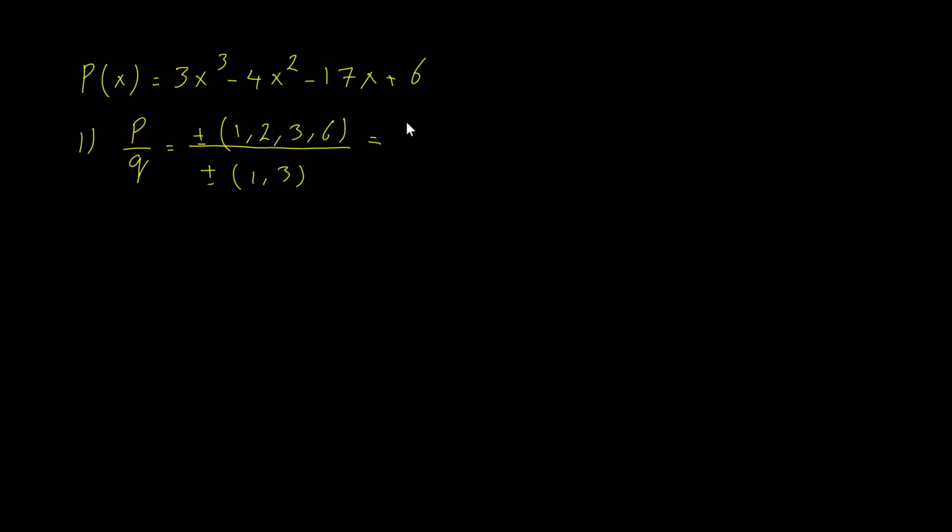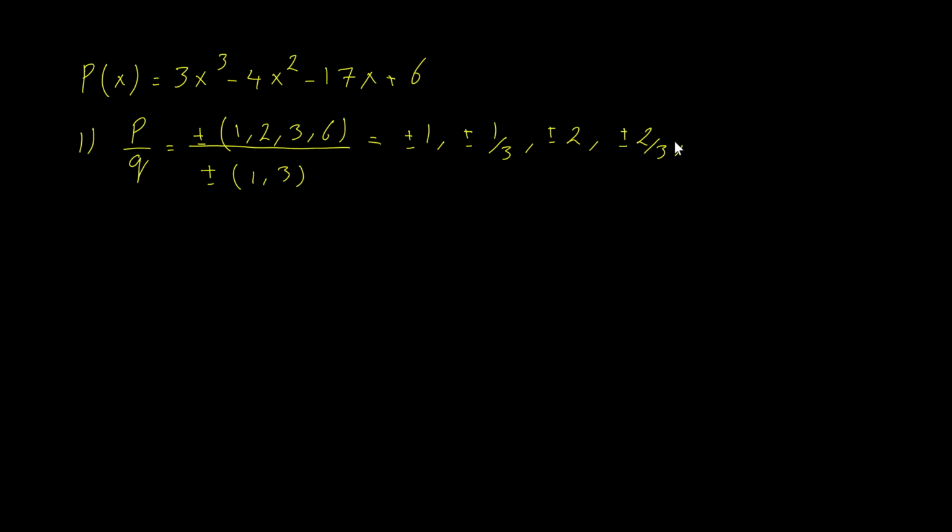Now we do the division, dividing the values. So we get plus and minus 1, 1 divided by 1. Then we have plus and minus 1 over 3. Then we have 2 over 1, which gives us 2. Then 2 over 3.